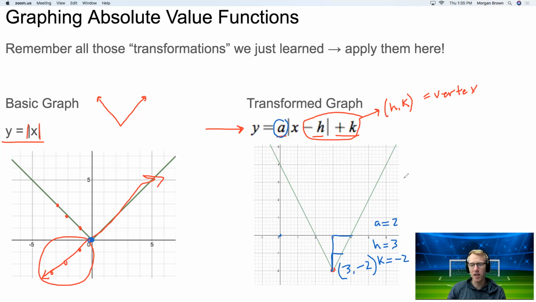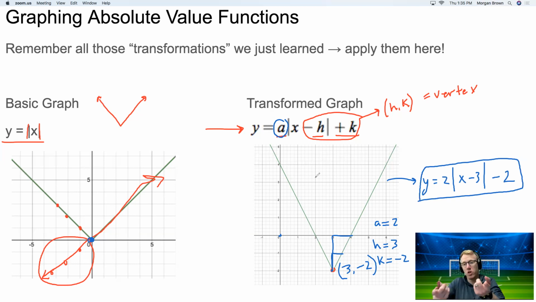So the equation that I have graphed here is y equals 2 times the absolute value of x minus 3, and then -2. So we can look and determine what the changes are. It's right 3, down 2, and stretched by a factor of 2. If this entire V shape would have been inverted and upside down, then that means the a value is negative, okay?